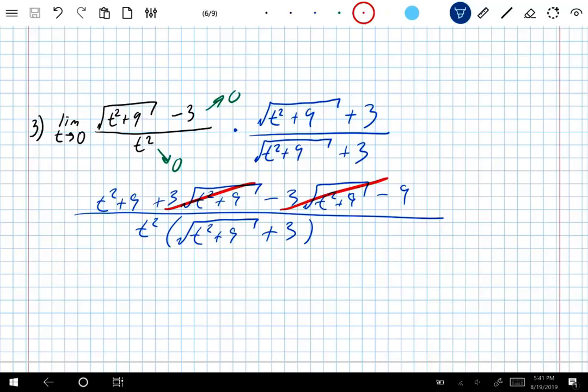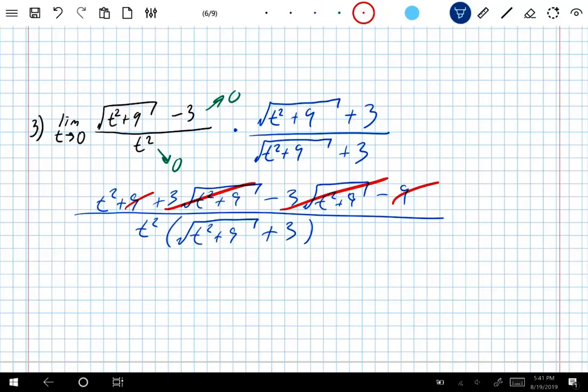In this particular case, it works out really nicely as well, that we also get this. The 9 and the 9 cancel out. That won't always happen just because they're conjugates, but in this case they do. And now we're just left with t squared over this t squared.